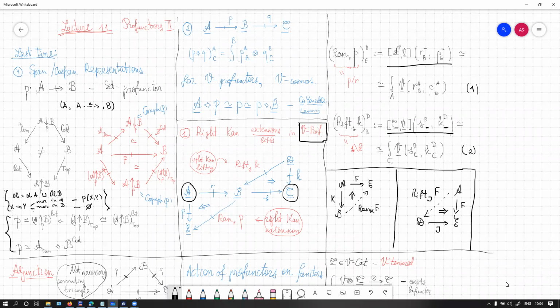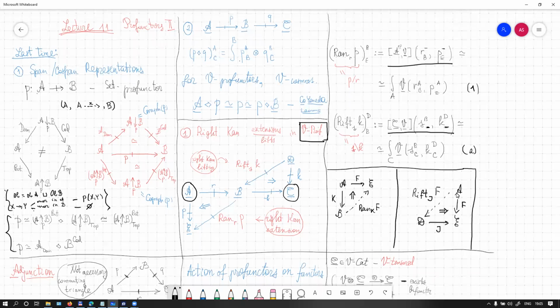When I will be talking about Kan extension of P along R, both are profunctors, I will write P right divided by R. And if I'm talking about right Kan lifting of K against S, I will be writing K left divided by S. So you have fractions actually. Why they are fractions, you will see in a second.